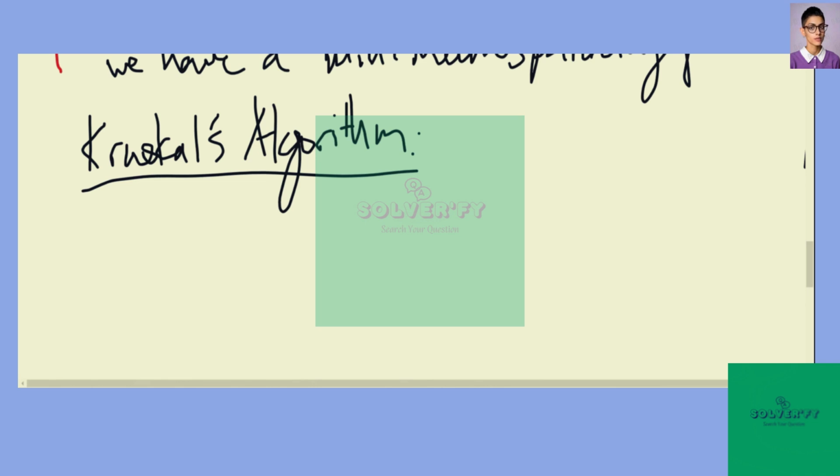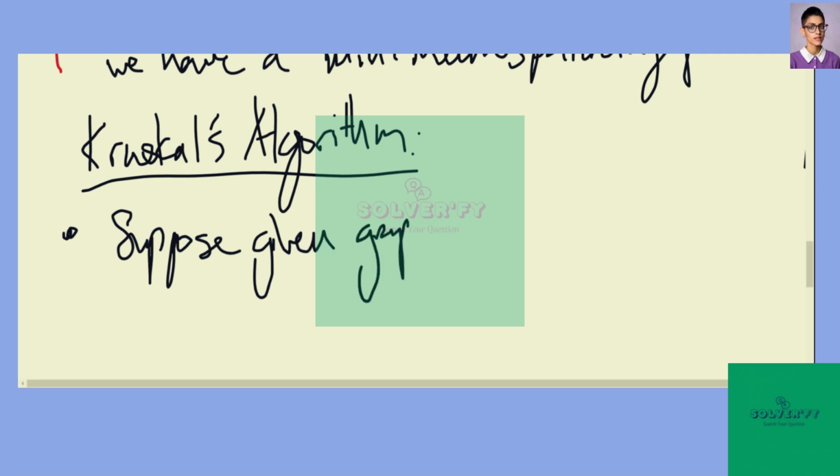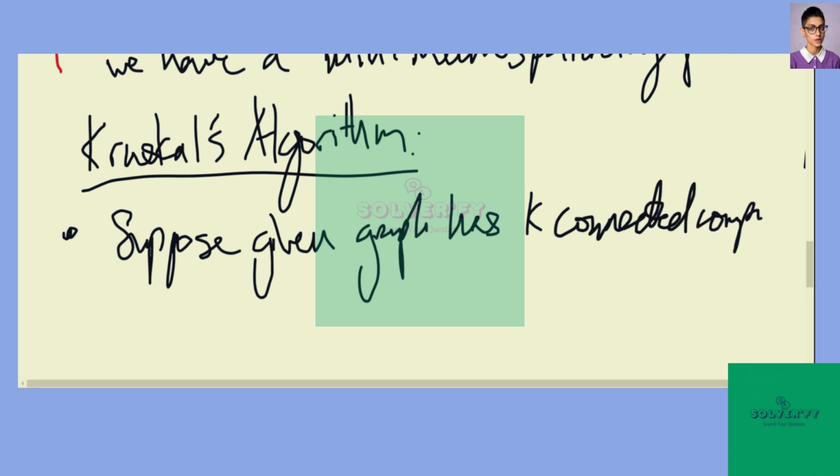So let the given graph contain K connected components. In the next step, we'll want to create a graph that contains only the vertices of the given graph and no edges.